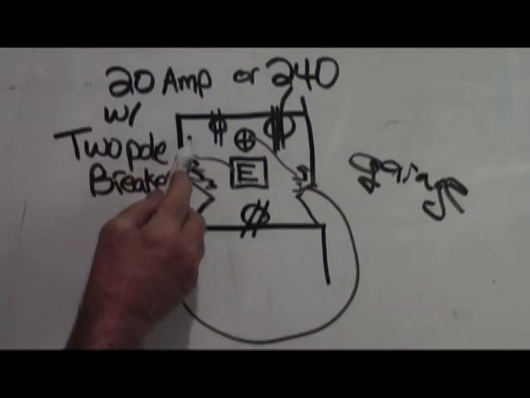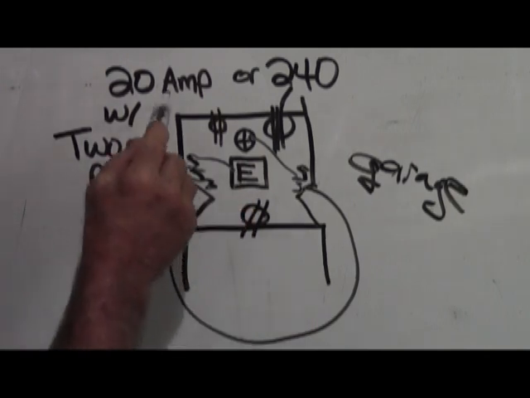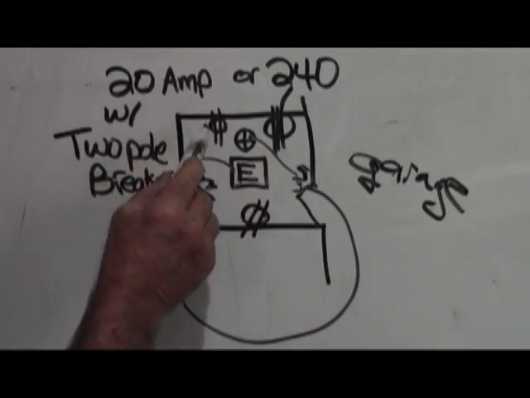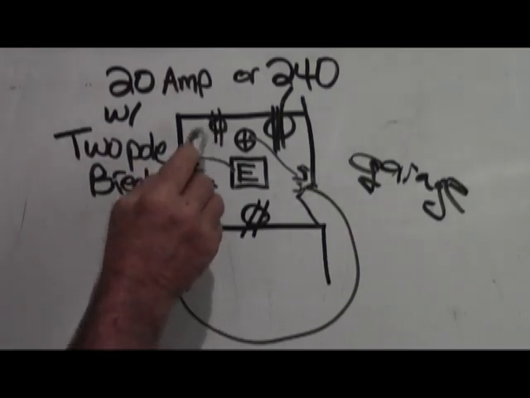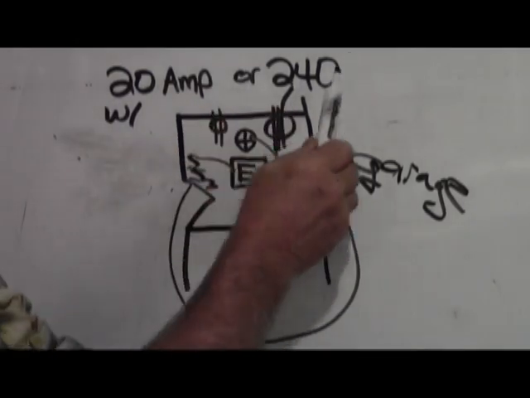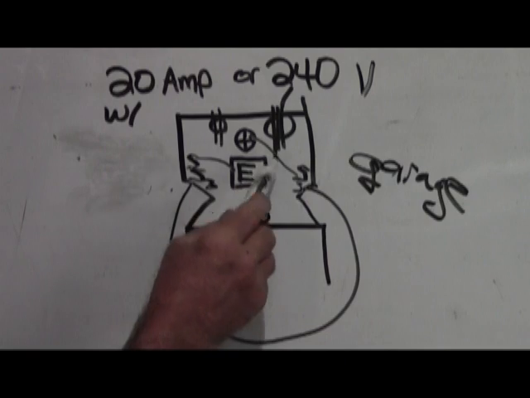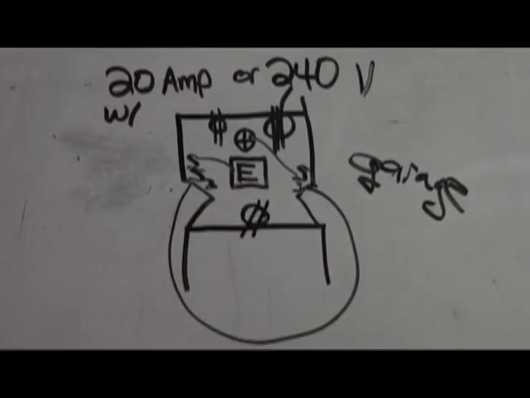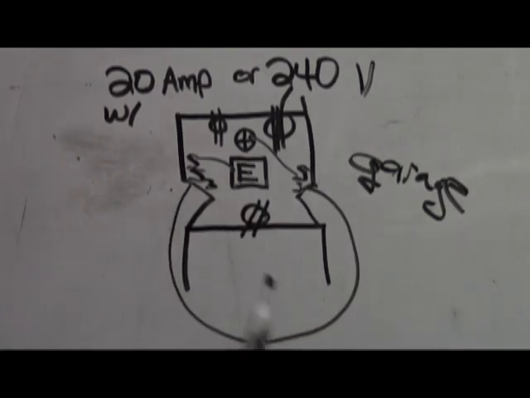Now if you're going with gas appliances, you can go with a 20 amp receptacle with a 2-pole breaker on this outlet for a total of 40 amps. You're going to go with a 240 volt outlet for your dryer. So you have options. You can either go with the 240 volt, you can actually go with both, which is better.